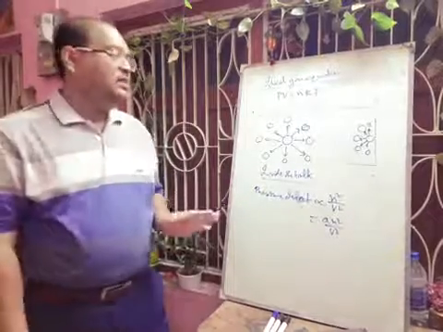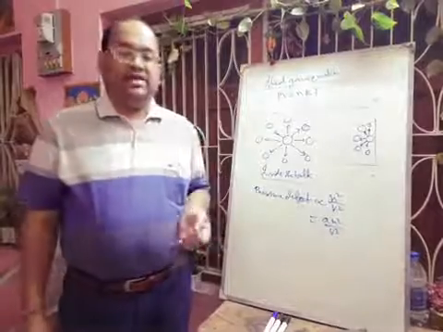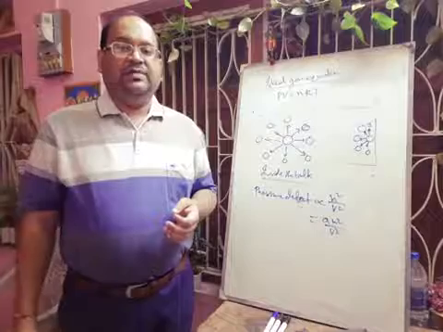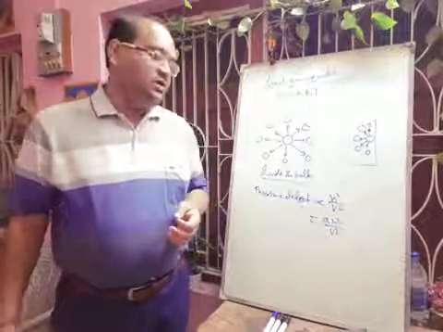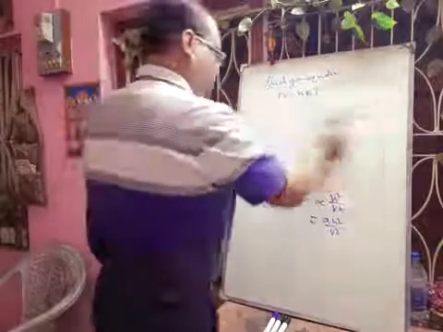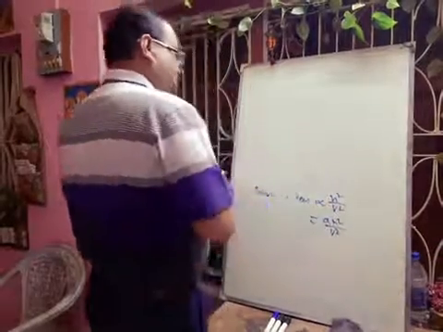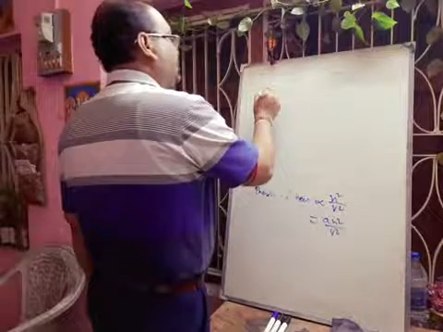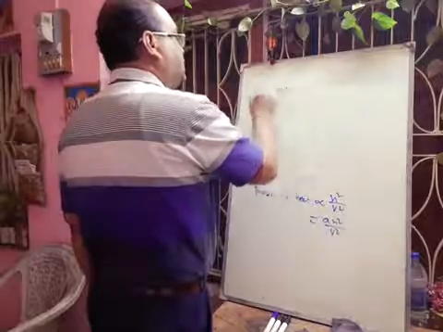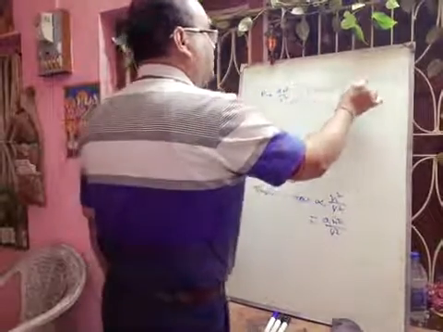And so the Van der Waals equation, when you write it, will be (P plus a n square by V square) into (V minus nb) is equal to nRT. Again I am writing that the Van der Waals equation is (P plus a n square by V square) into (V minus nb) is equal to nRT.